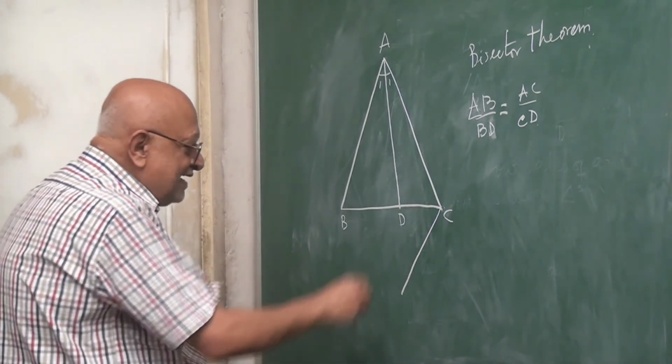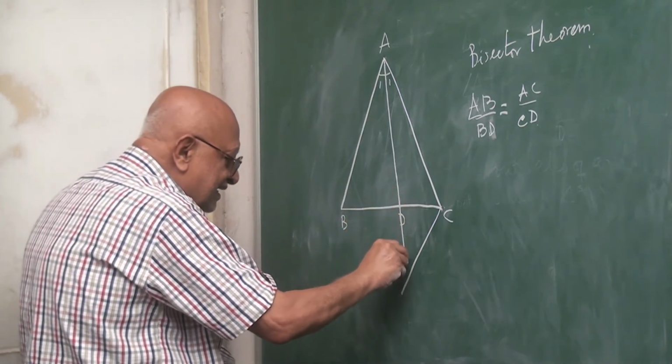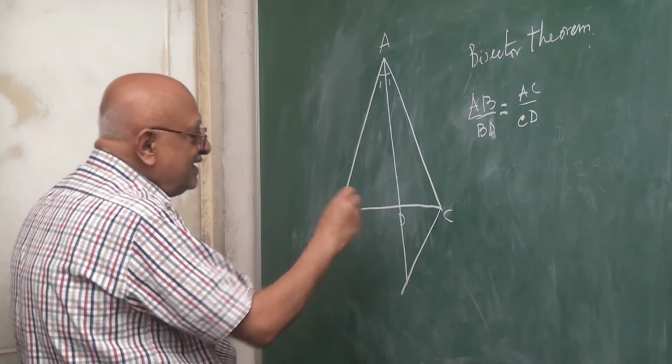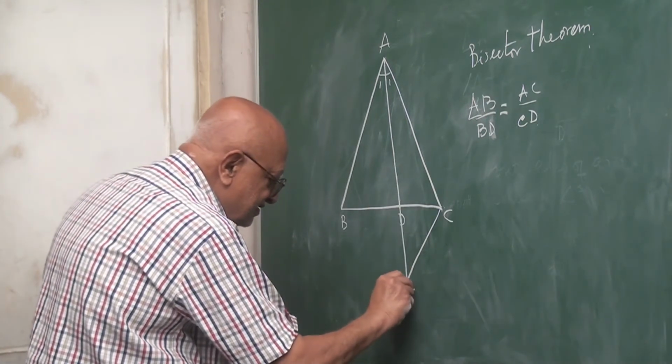Okay? And extend this and let it cut BD. Let us call it E. Okay?